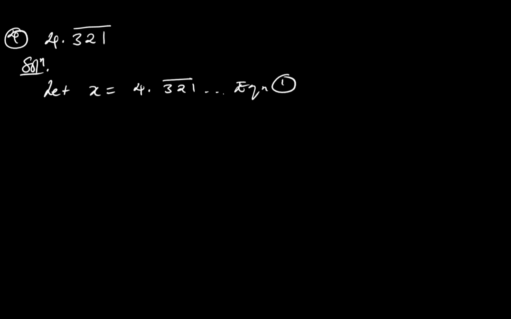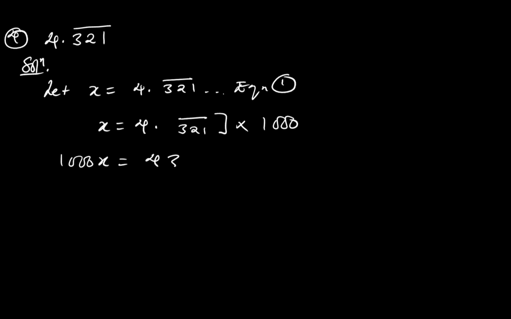So you just ask yourself, what number will you multiply with to push these values to the left hand side of the decimal point? And that number is 1000. So you will have 1000x being equal to 4321.321 bar. And this would be equation number 2.